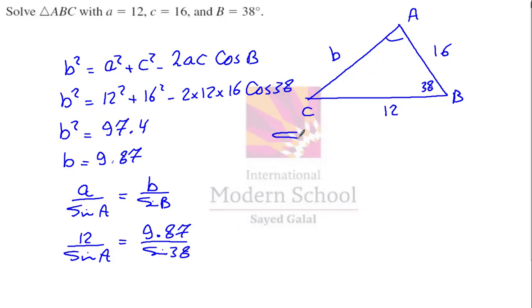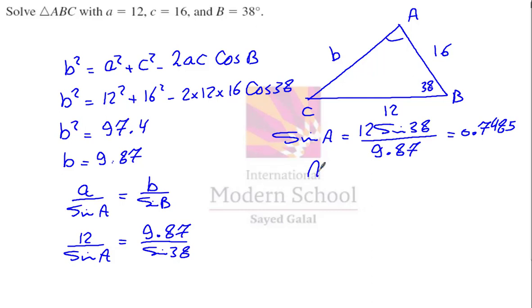Then sine A equals 12 sine 38 over 9.87. By using the calculator, it equals 0.7485. Shift sine, then the measure of angle A equals 48.5. Then C equals 180 minus (38 plus 48.5) equals 93.5.